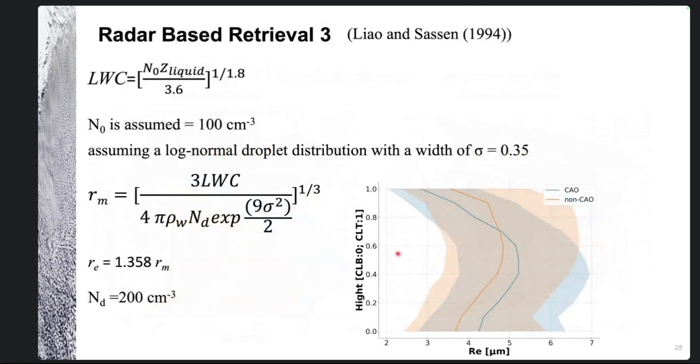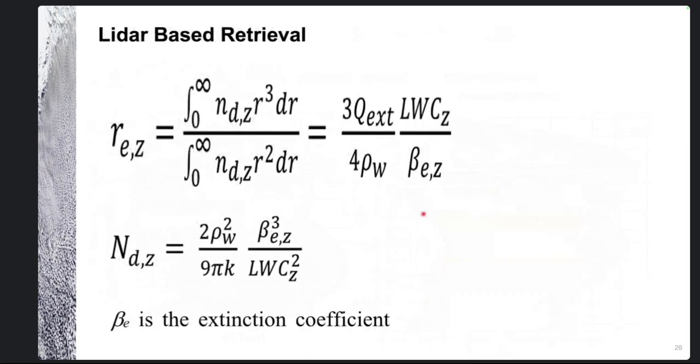And there's a third radar-based retrieval. I won't spend too much time describing the algorithm, but the result, compared to the others, still shows no significant difference between the two conditions.